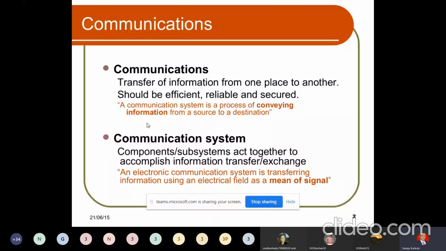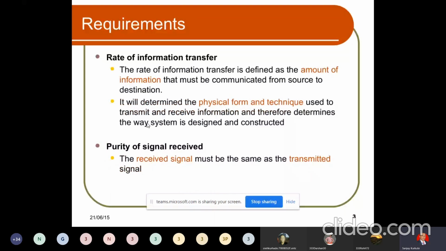An electronic communication system is transferring information using an electric field as a means of signal. Our design is focused on transformation of information from source to destination. The rate of information transfer is one of the parameters we have to consider. It is the amount of information that must be communicated from source to destination.